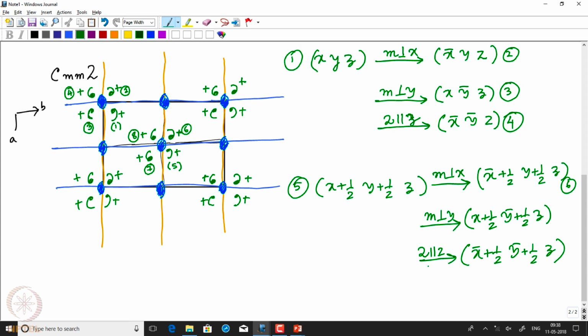See here, when I am applying the twofold parallel to z, it should have been minus x minus half, minus y minus half, z, but I am directly writing plus half, assuming that I am simultaneously adding 1 along x and 1 along y to get the final point. So this is my point number 7 and this is point number 8. I hope this is becoming clear to you when I am drawing it slowly.